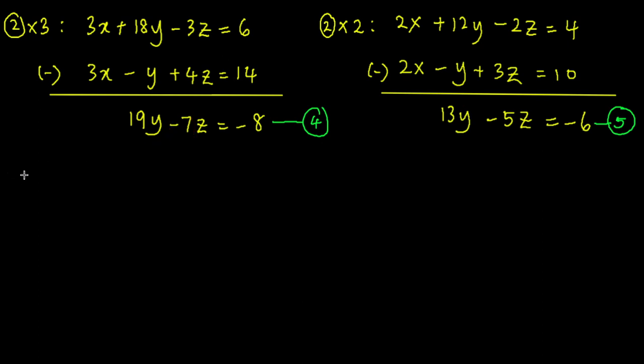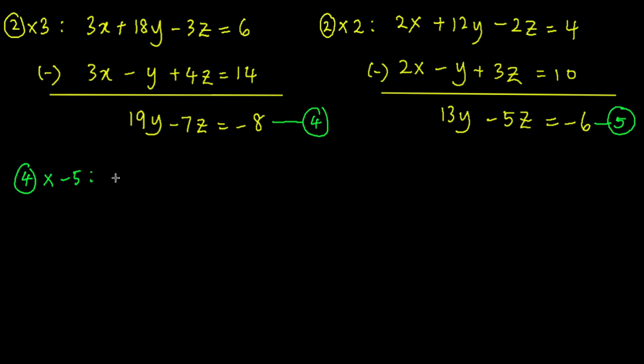So what do? Equation number 4. So I will do this. This one I times negative 5. When I times negative 5, I get 35. This one, if you times negative 7, just multiply with each other, yeah. So you get 35. So at the end, you will get a common coefficient. Okay. So number 4 here, we multiply by negative 5.